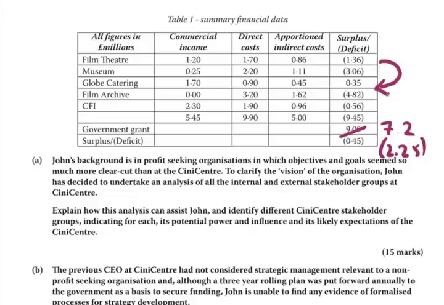The fourth point is that management can seek to control the future. CiniCentre is being put under particular pressure because the government grant is being cut. What do most people do when this happens? They complain. They try and make a fuss in the press. They will go and see ministers.